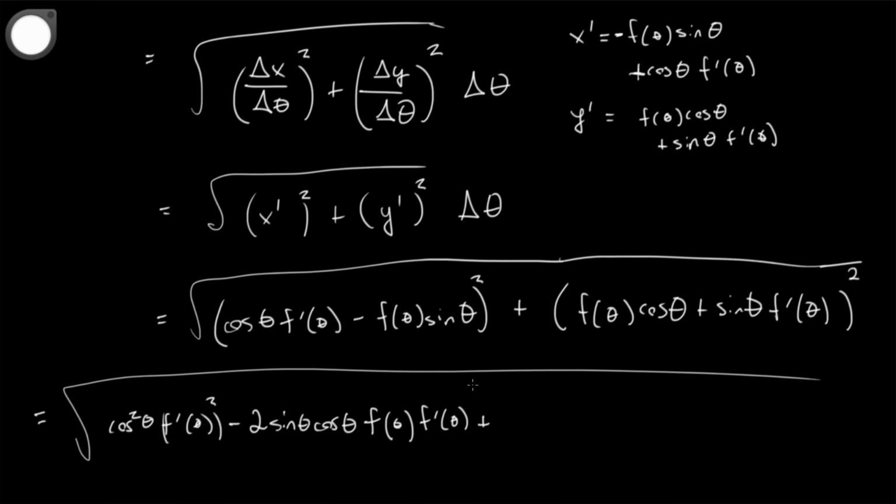All right, and then we're going to get a plus the second term, b squared, f theta quantity squared, sine squared. Right, that's just the first term. I'm going to go down here for the next one.